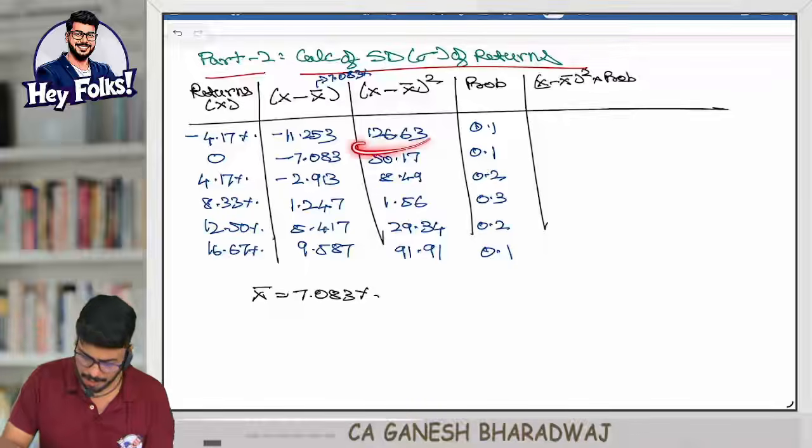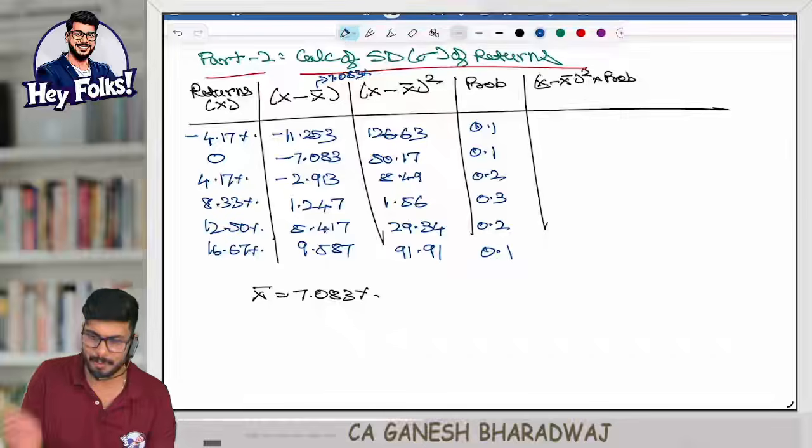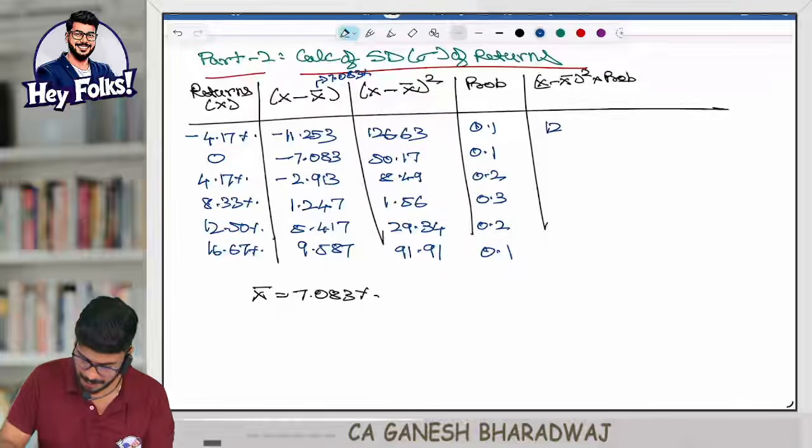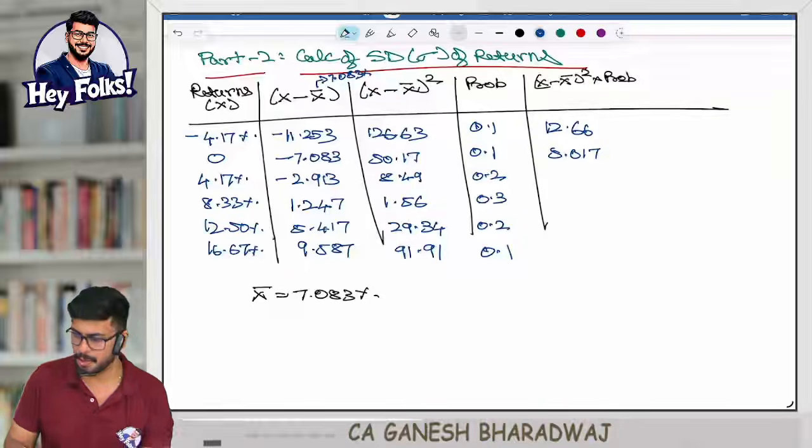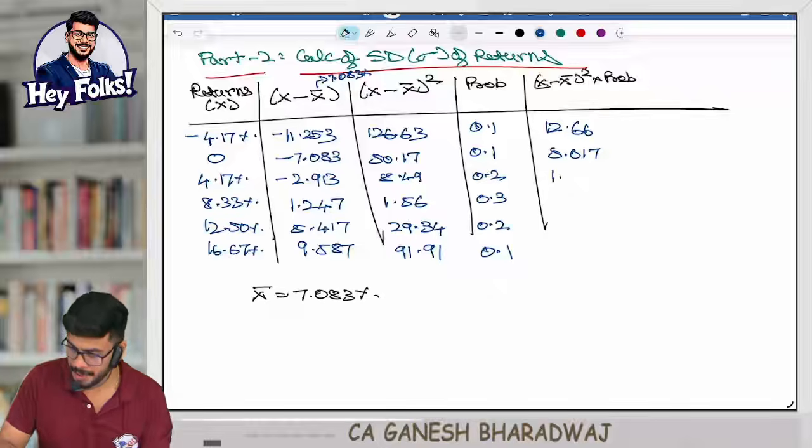Now, come on, multiply these figures. This into this. Move one decimal, that's all. No need for a calculator for this. 12.663, yeah, 66 we'll put. Then here also it's 5.017. Then 8.49 into 0.2, how much? 1.698. Then 1.56 into 0.3.